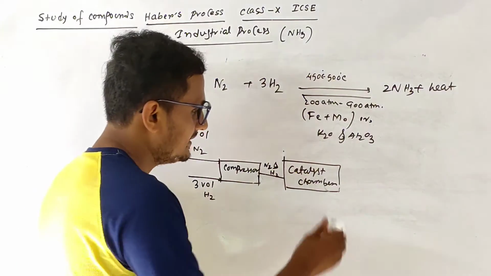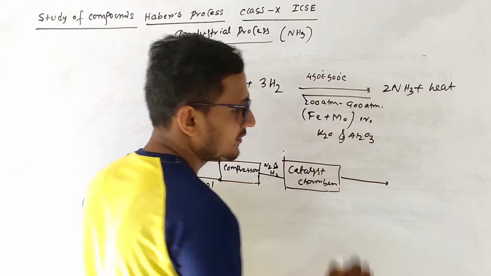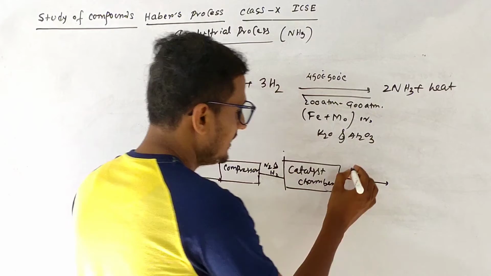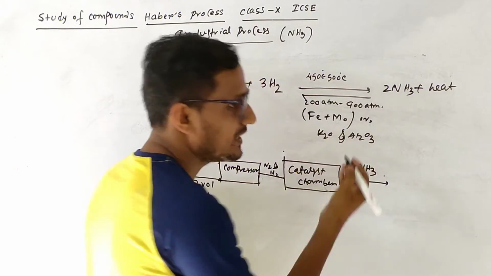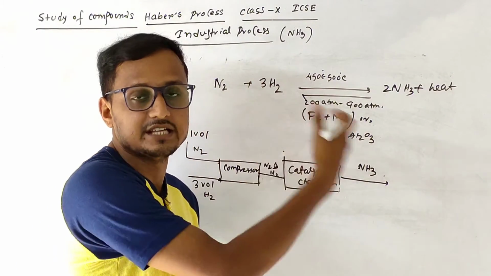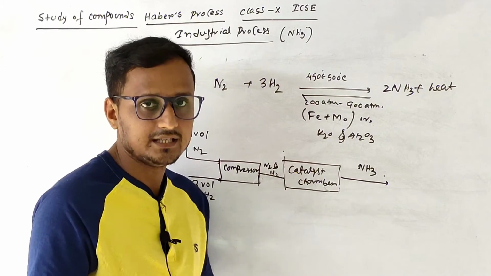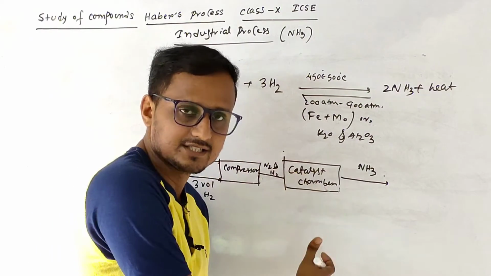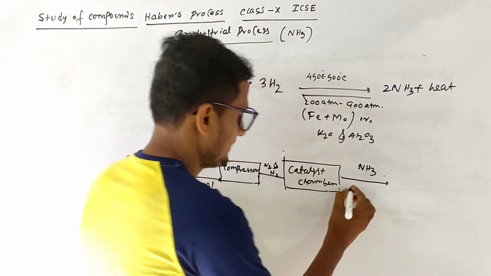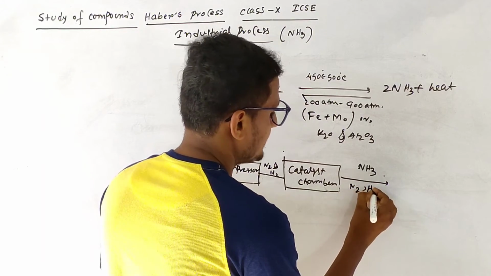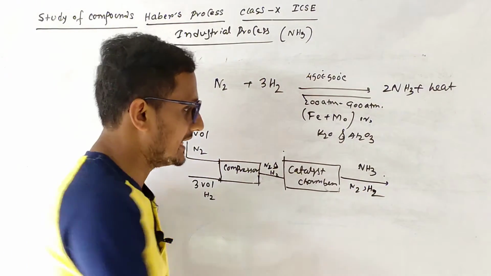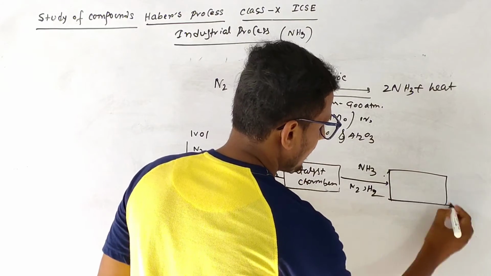Now from the catalyst chamber we have got ammonia after the reaction, and with it some unreacted nitrogen and hydrogen. Okay, and that is passed on to a condenser.